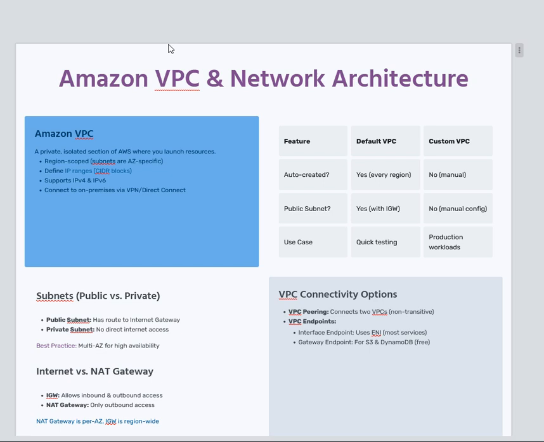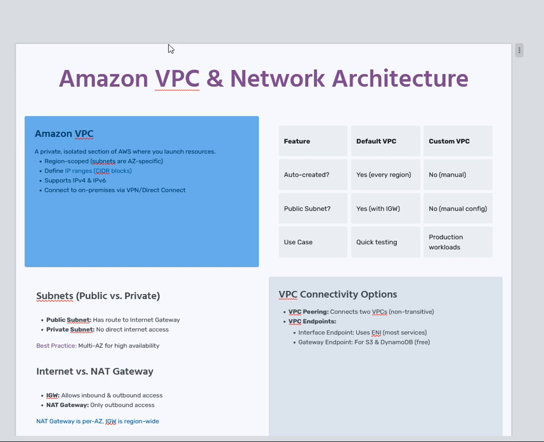And then you have to define an IP address range, CIDR blocks, similar to Azure, and they support IP version 4 and version 6 addresses. Then you can connect on premises via a VPN or the AWS Direct Connect feature, right?